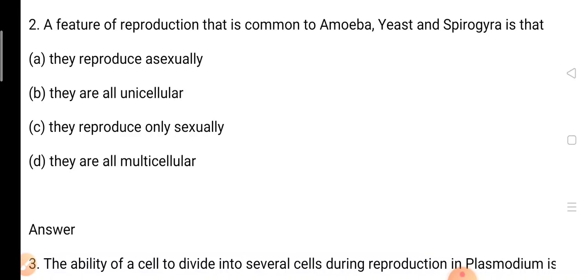The options are: first, they reproduce asexually; second, they are all unicellular; third, they reproduce only sexually; fourth, they are all multicellular. The fourth option is not correct because amoeba is unicellular, yeast is also unicellular, only spirogyra is multicellular. So option D is wrong.